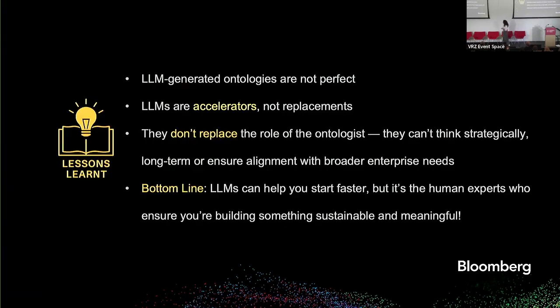There's human refinement needed there. They can't think strategically. They can't think long-term. They cannot do strategic alignment for you. So they can help you start faster, but I have to say, for now, I don't know what the future brings, it's the human experts who need to ensure that you're building something that's sustainable and meaningful.